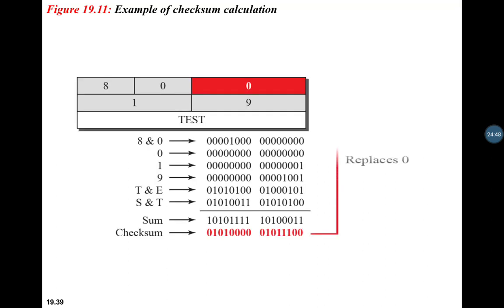A similar checksum calculation was solved in the last class with respect to the fields. Everything is added, then the complement of that is taken, which is considered to be the checksum, which is placed in the datagram field.